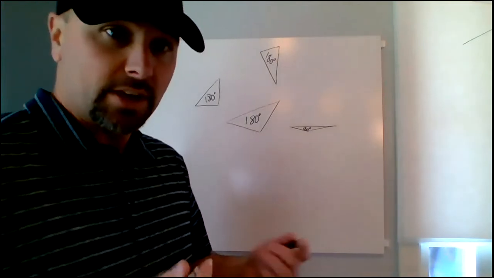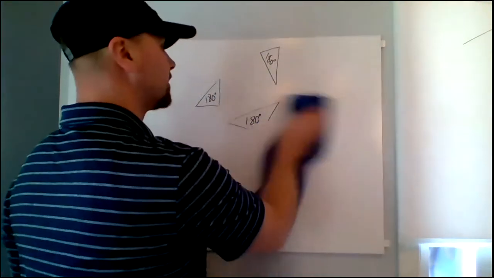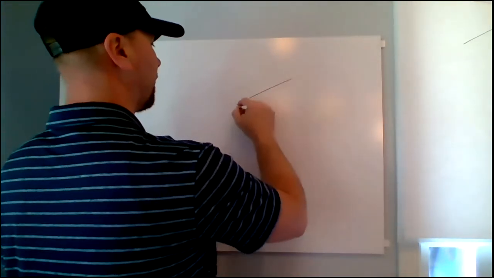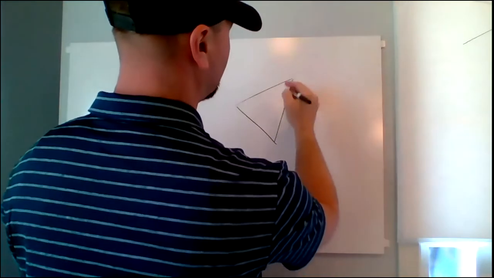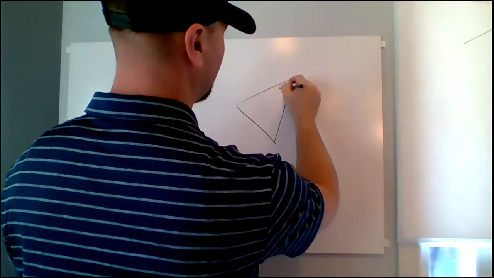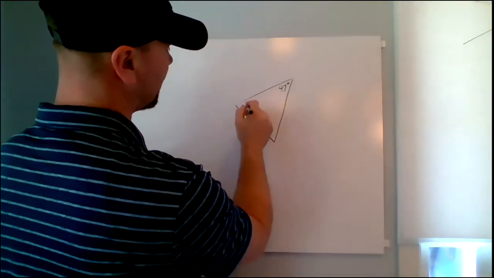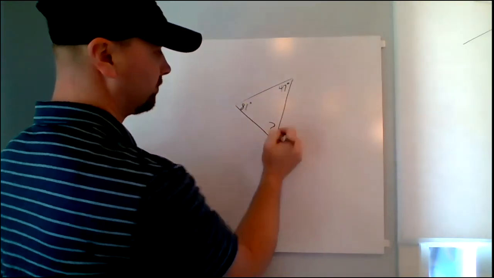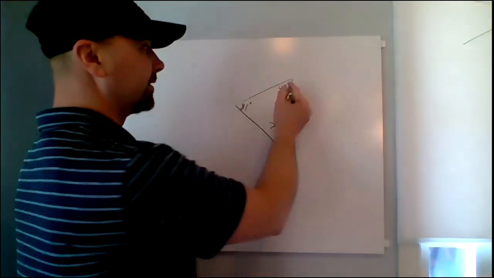So that's helpful. If you know what two angles of a triangle are, then you can take those out of 180 to find the third angle, okay? So let's look at an example. Let's say this is a 47-degree angle, and this looks like about an 81-degree angle, and we needed to figure out what this third angle was.